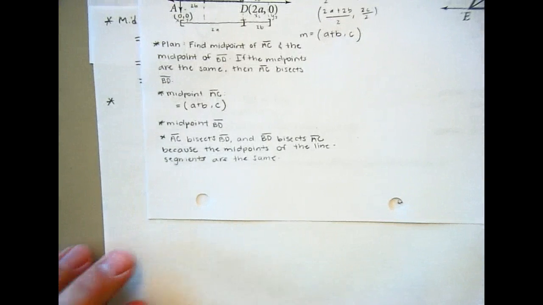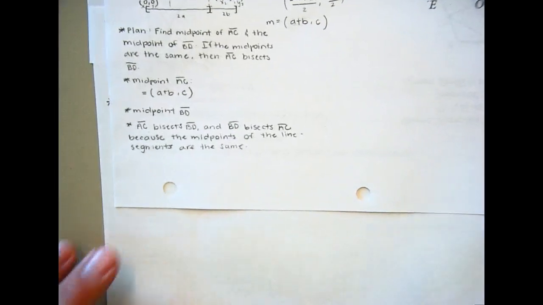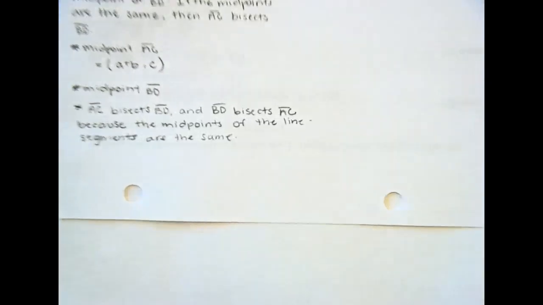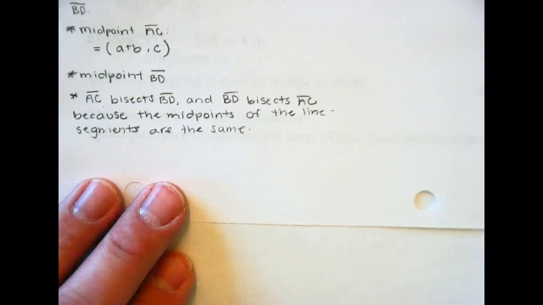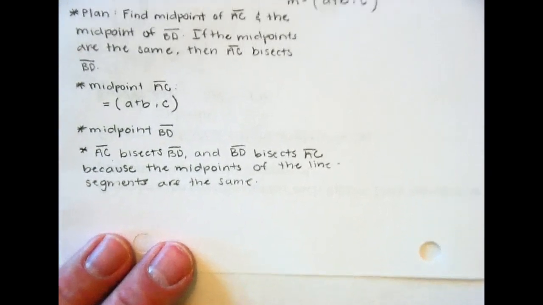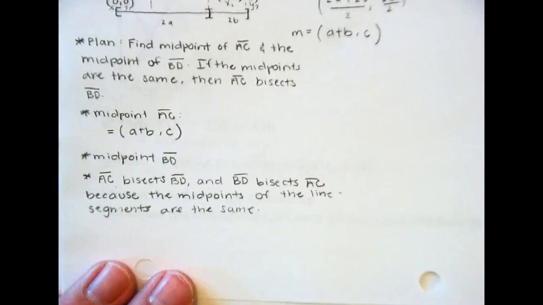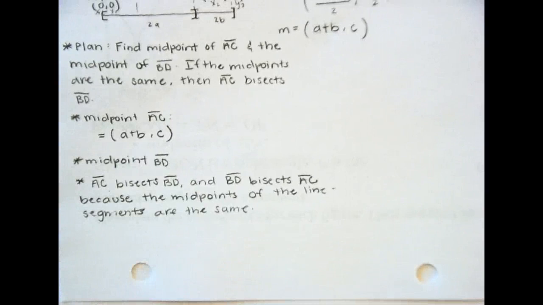We'll do this one. AC bisects BD, and BD bisects AC because the midpoints of the line segments are the same. Good. And if you want to beef up that reasoning a bit, you could even list the midpoints. Any comments on that one?